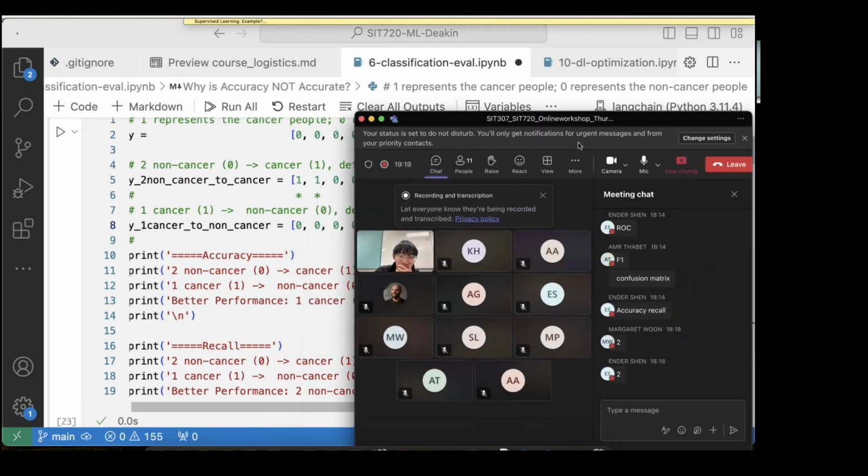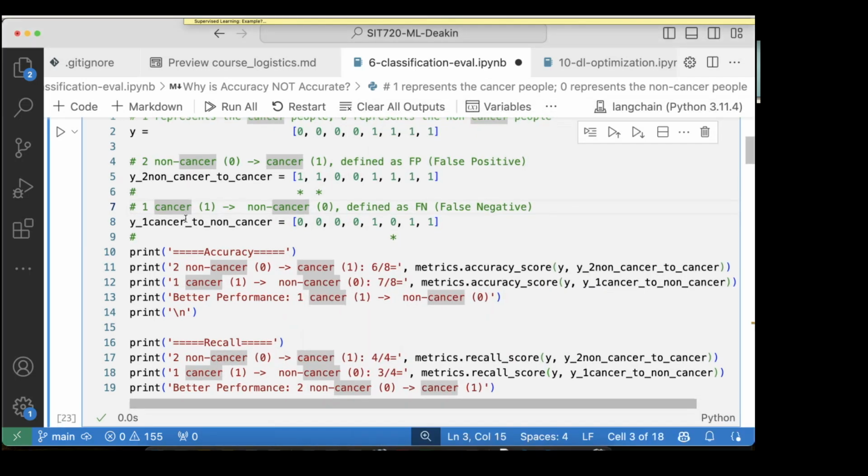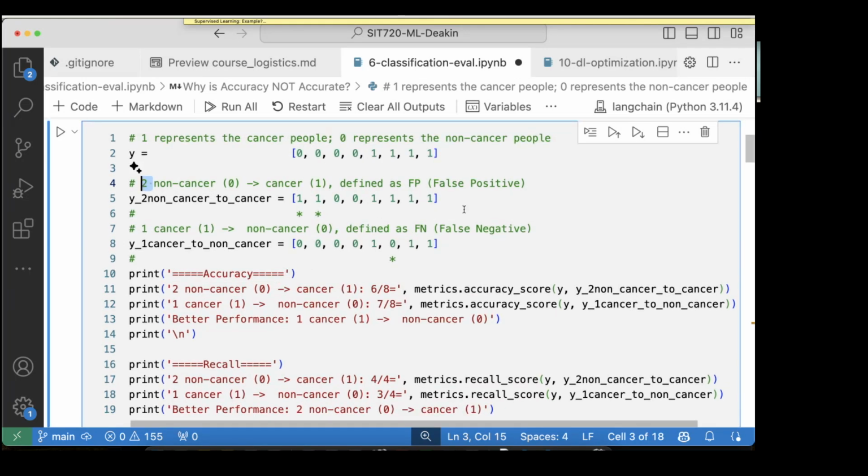The second one, right? Because there is only one wrong prediction, but here you have two wrong predictions. But in practice, we may prefer the first model, right, rather than the second model.